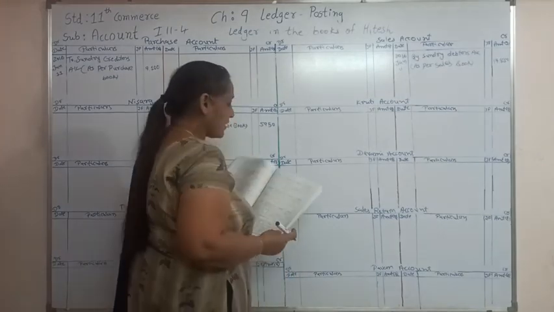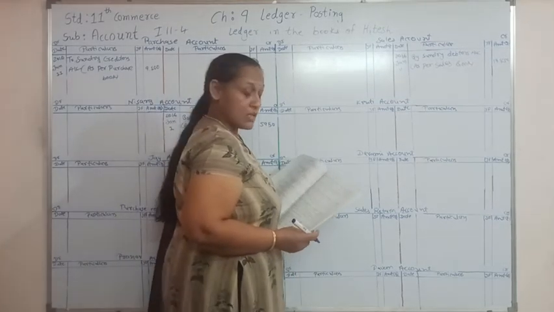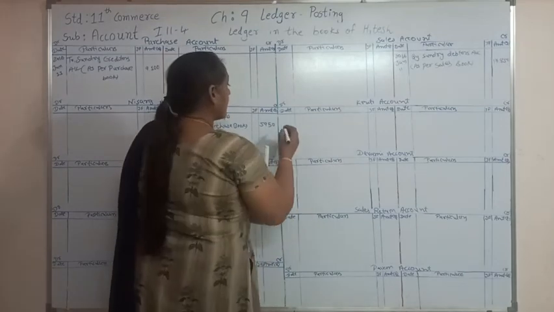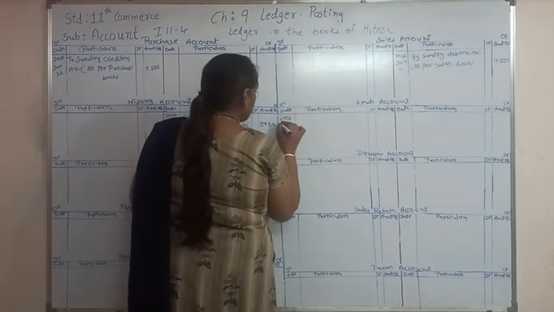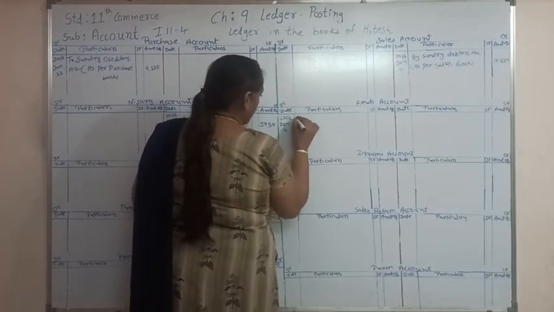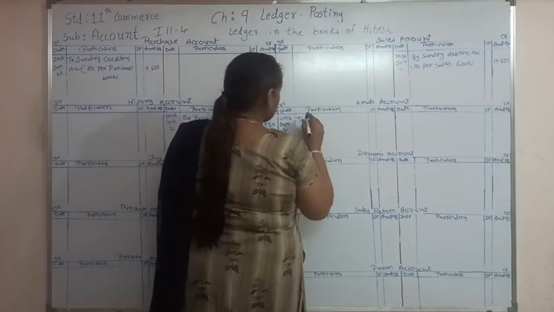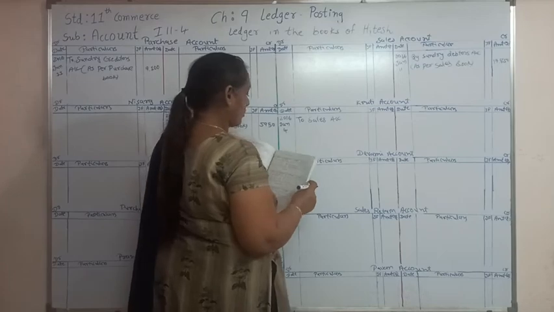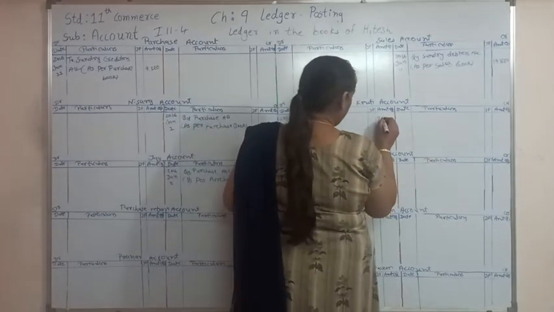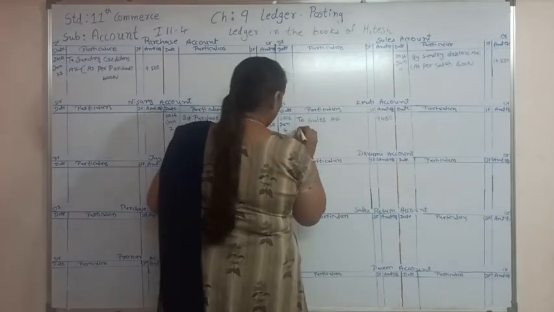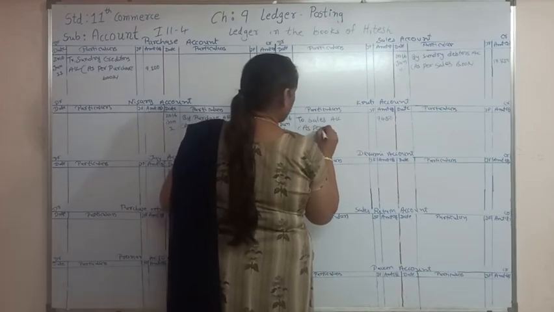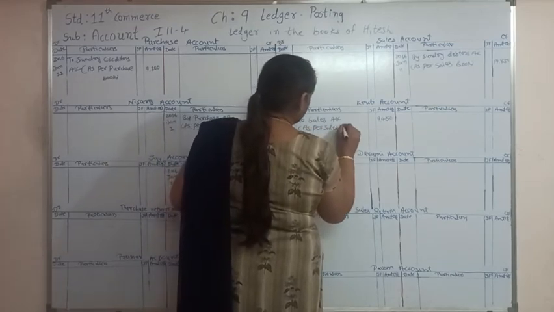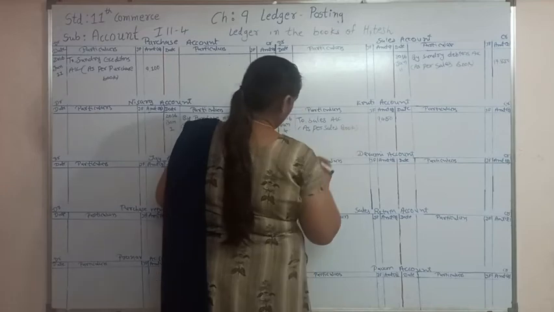So 2016 January 4th to sales account, and Kruti has purchased goods of 9,450. Here we are going to write as per sales book for that.